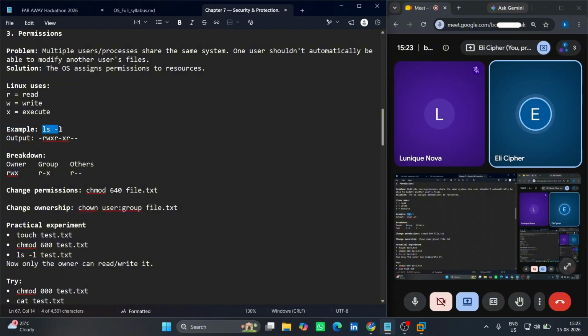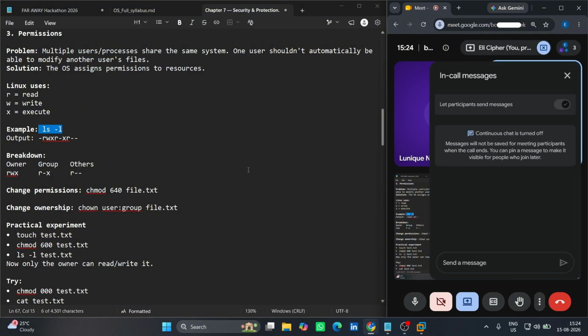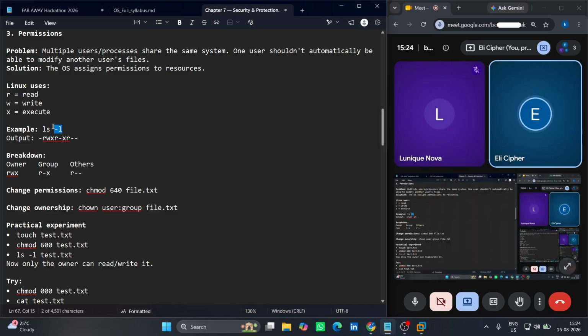An example here is ls -l, right? Why do we use the hyphen l flag? Why do we use ls? Do you remember why we are using ls and hyphen l?